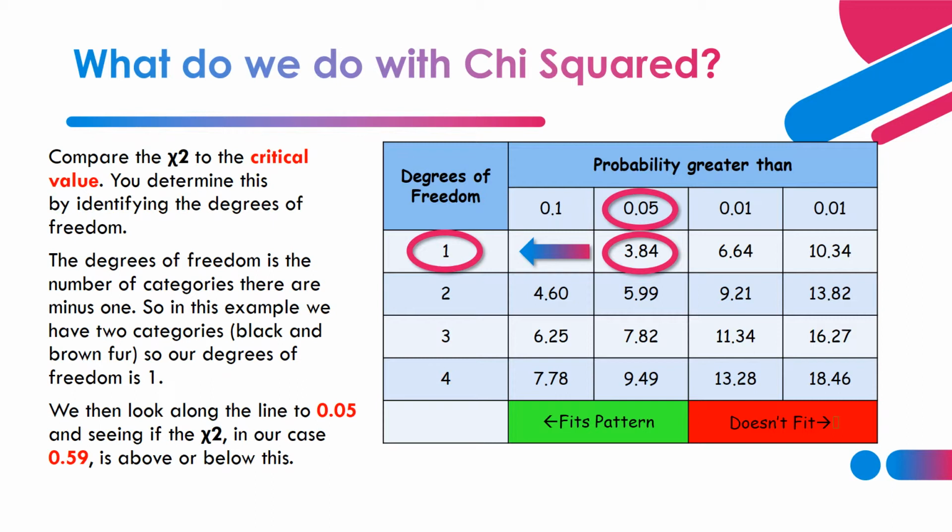Anything less than this shows that the probability of our results being different due to chance is valid. Okay, so our differences are just due to chance. So here we can go and accept our null hypothesis, which is that the differences are due to chance, and that we can go and accept it. So it fits the pattern.